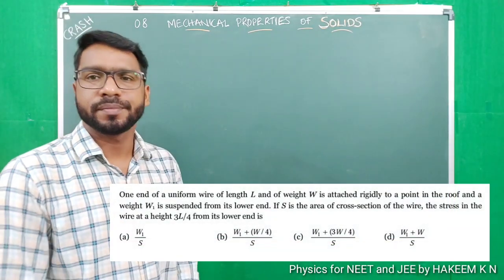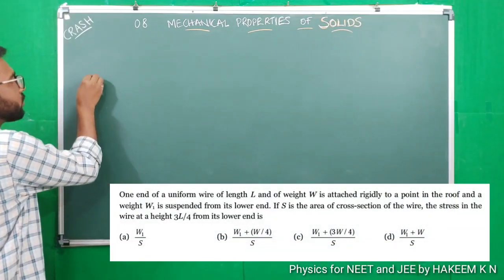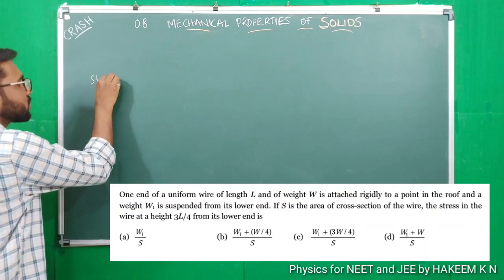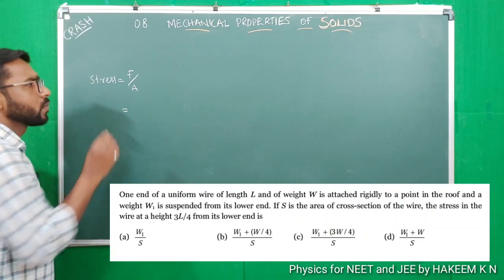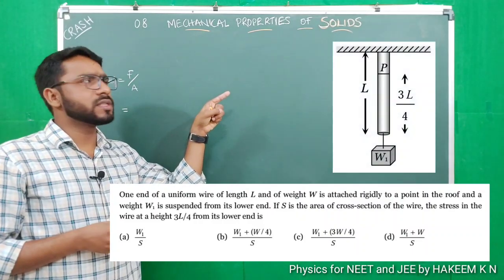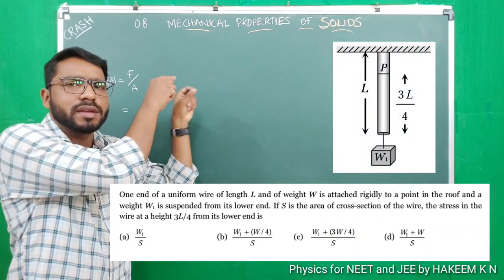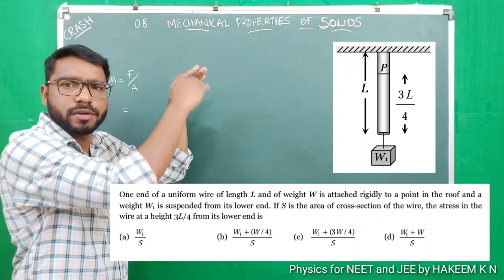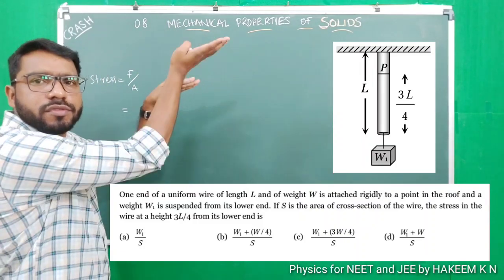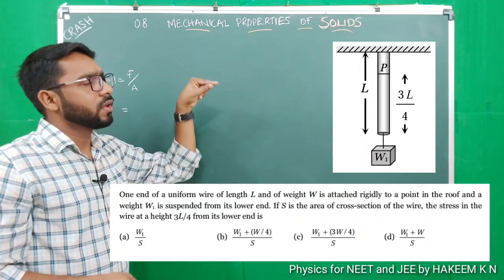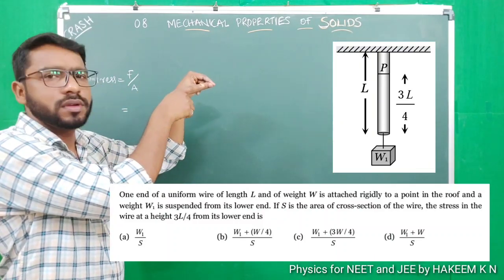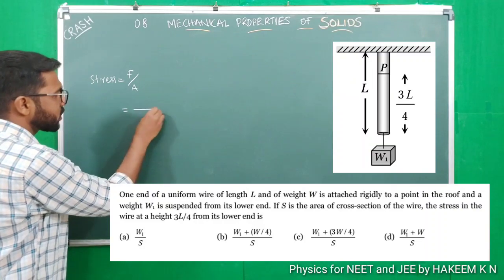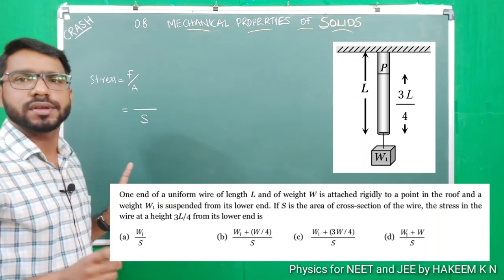How to solve it? We already discussed that stress equals force by area. What are the forces acting at that point, L by 4 from the top end or 3L by 4 from the bottom end? At that point, the area of cross section is given as S in the question.